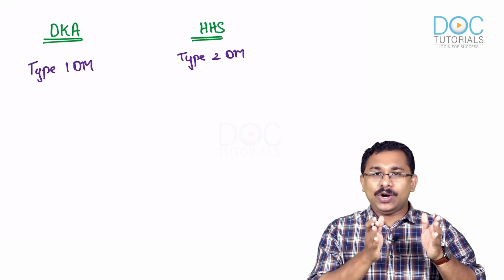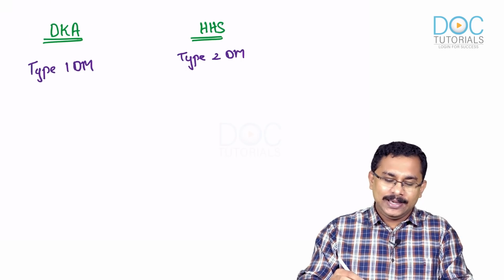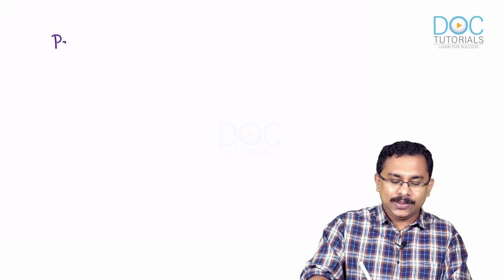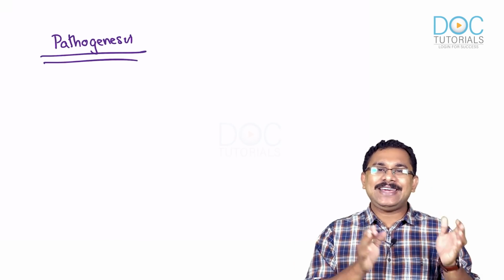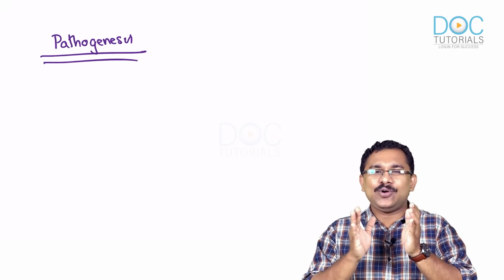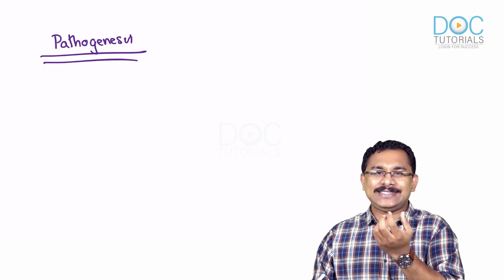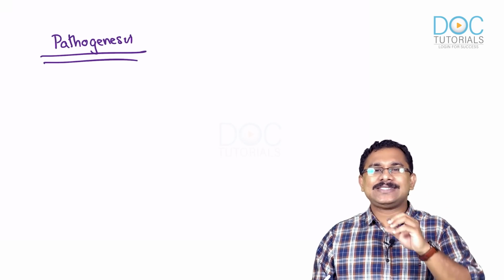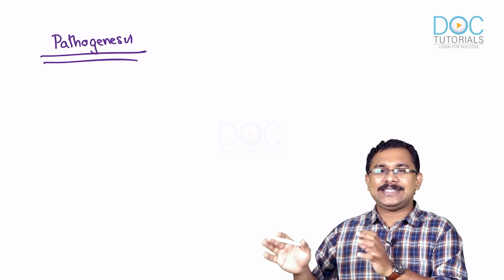So first we will begin with the pathogenesis. In the pathogenesis part, we will discuss both DKA and HHS together, so that we get a good comparison of why these two entities develop. Then we will discuss diabetic ketoacidosis and then HHS separately.